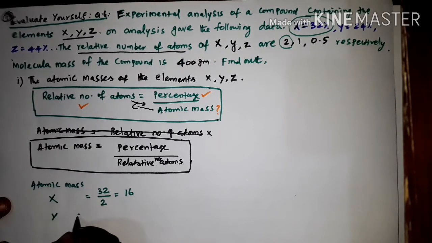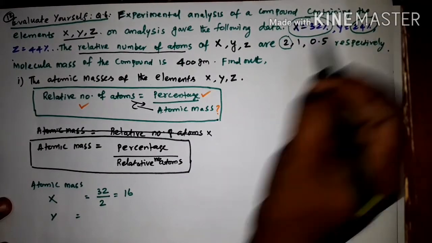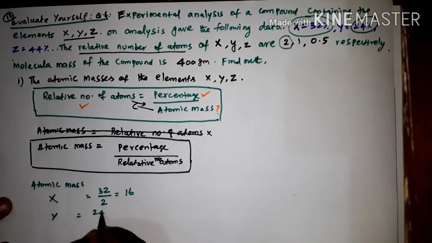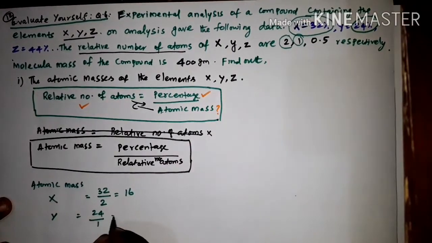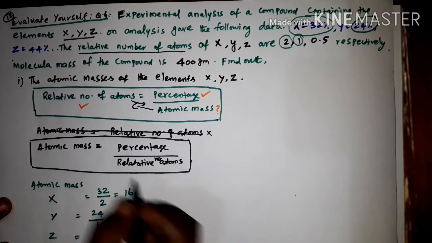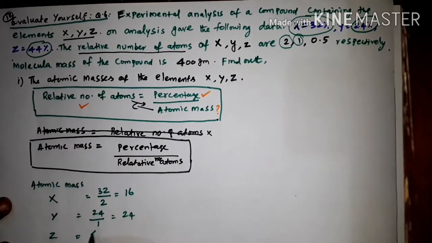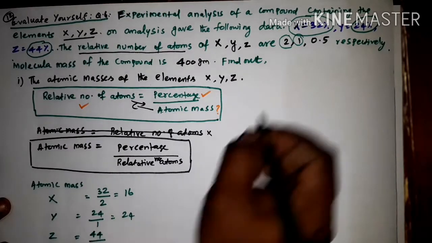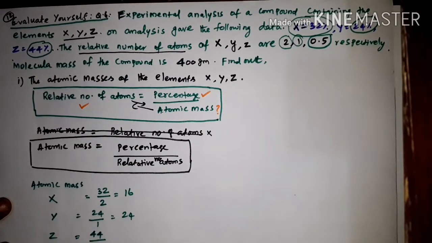Next Y. What is the percentage? 24 percent. 24 divided by 1 equals 24. Z is 44 divided by what is the relative number of atoms? 0.5.